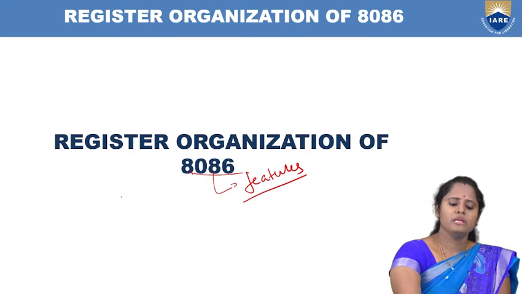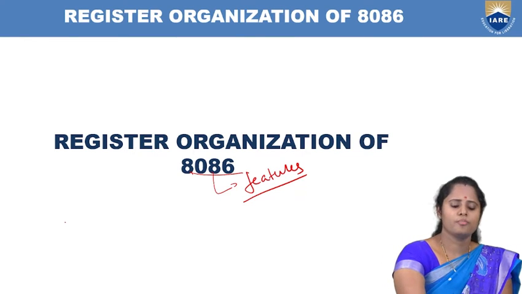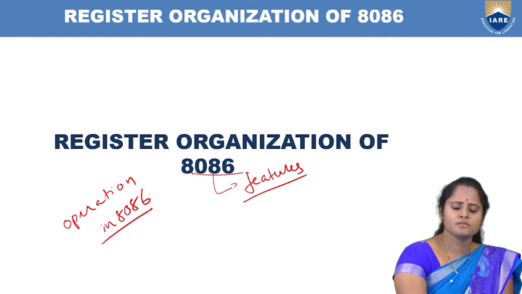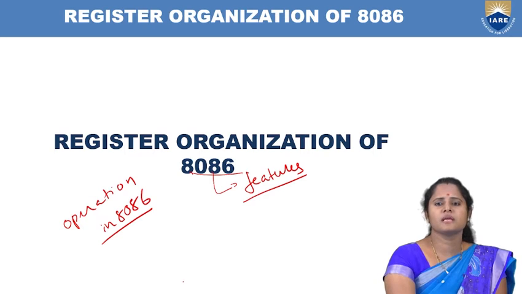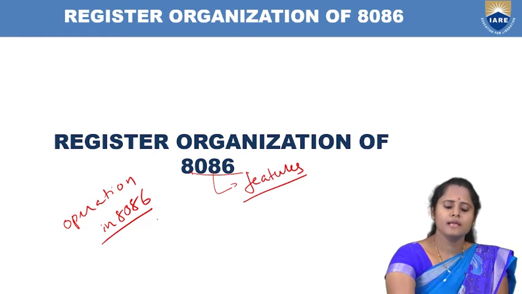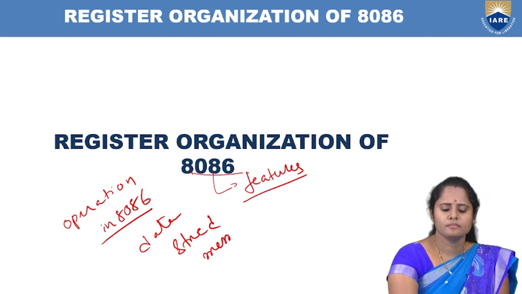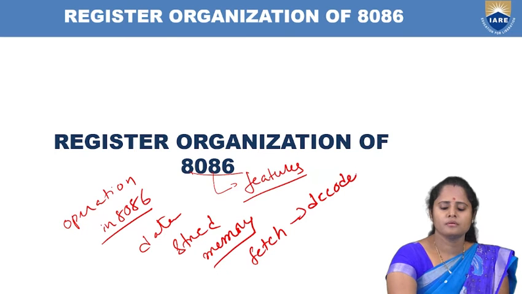We need to process some operations in 8086. How will you process all the instructions in 8086? The data will be stored in the memory, and we will fetch the data, decode it, and execute it.